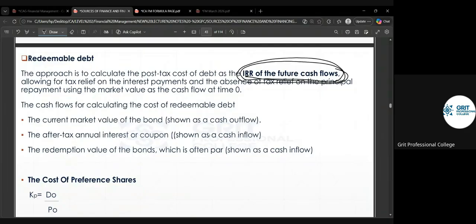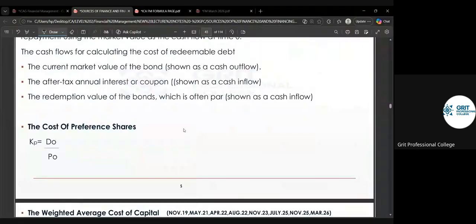And what is this formula? Kd(1 minus T) is equal to I(1 minus T) plus the redemption value minus the price of the debt or the market value of the debt, whichever way you want to call it, all over N, N being the maturity period of the bond since it's redeemable.